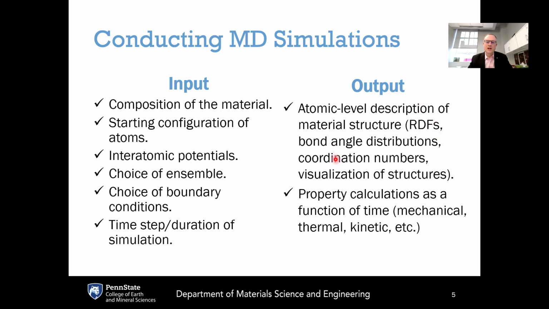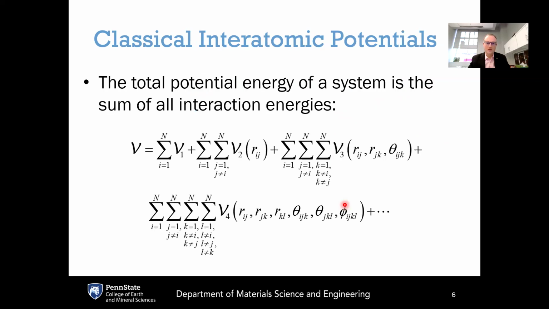So basically, every structural property is available to you. And you can also perform property calculations as a function of time, including mechanical properties, thermal properties, kinetic properties, and so on.